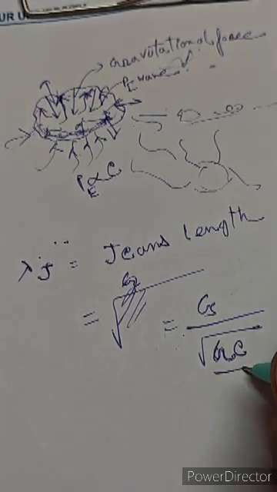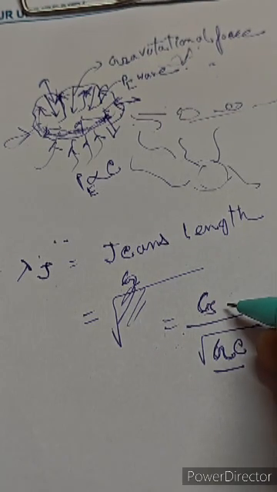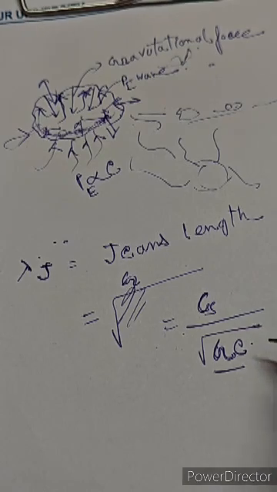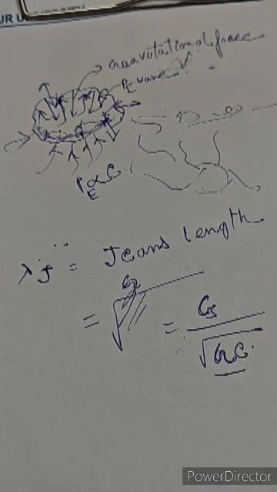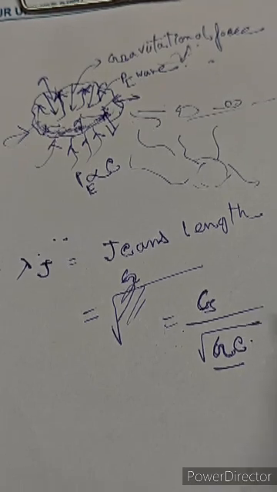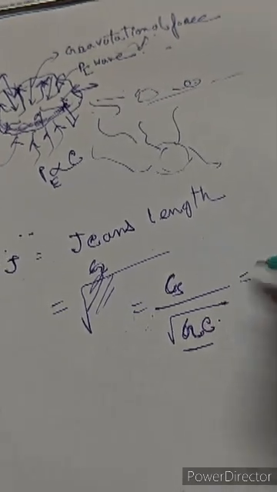G is the gravitational constant, cs is the sound speed, and rho is the density of this planet or material. So here we expressed it in another way.